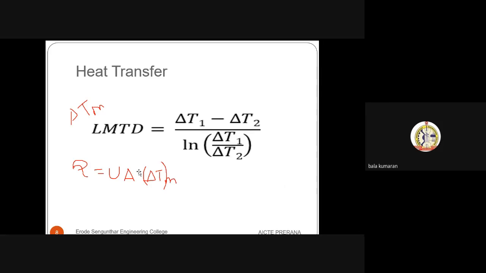U is the overall heat transfer coefficient, A is area, and del Tm is the mean temperature difference, which is LMTD. To find LMTD, we should know the three values U, Q, and A. If you apply these values, you can find del Tm. If not, using del T1 minus del T2 divided by ln of del T1 by del T2, you can find the answer for this also.